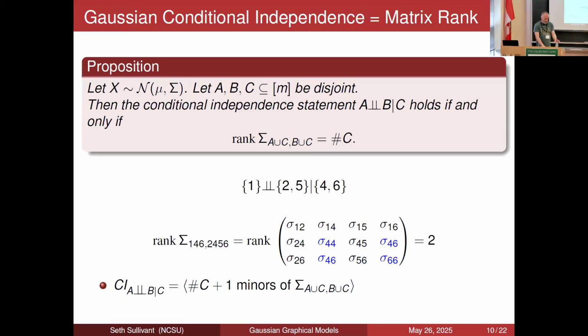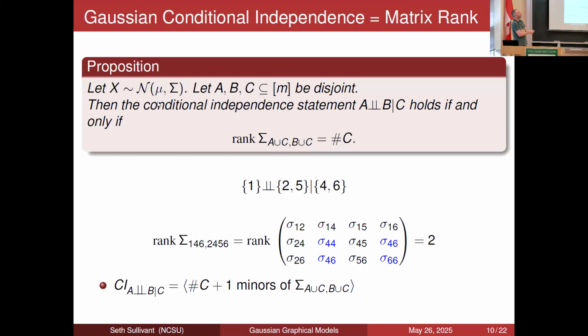Okay. So we had this notion of conditional independence. Maybe you don't like probability and it makes you uncomfortable. That's fine because conditional independence is about determinantal ideals, at least for Gaussian random variables. So what does this look like?